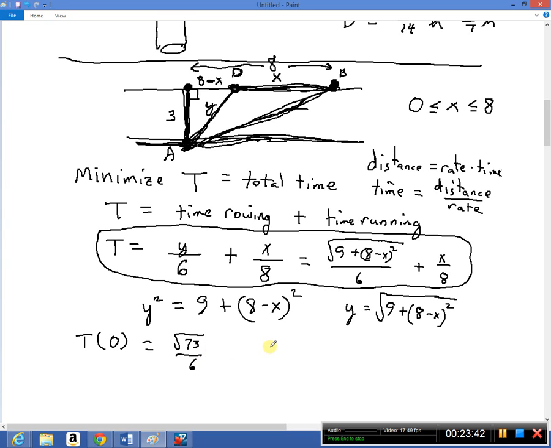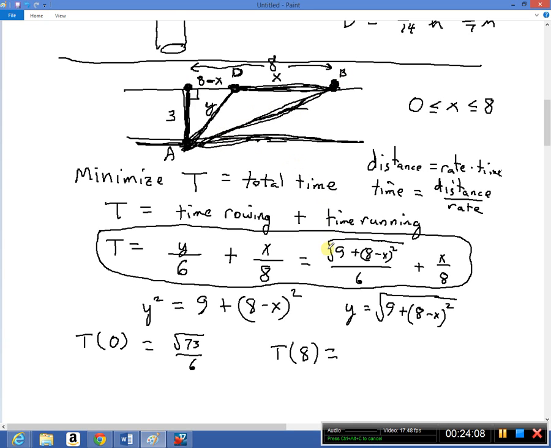Okay? What would t of 8 be? And what would that mean? It's the time that it would take if x is equal to 8. X equals 8 corresponds to you choose to go straight across the river and not row any more than that. So you're going to row this much and then run the rest of the way.